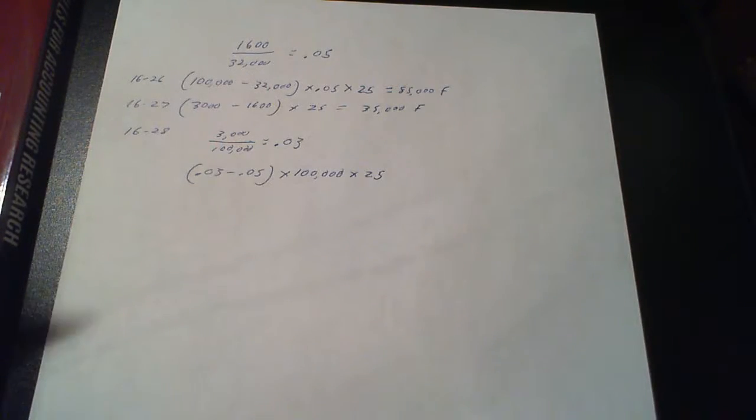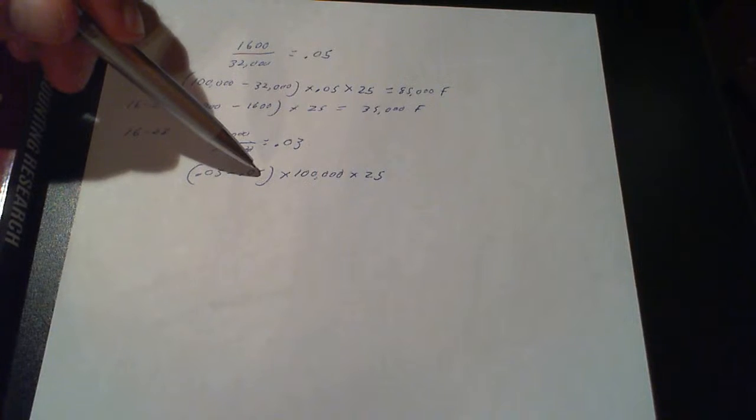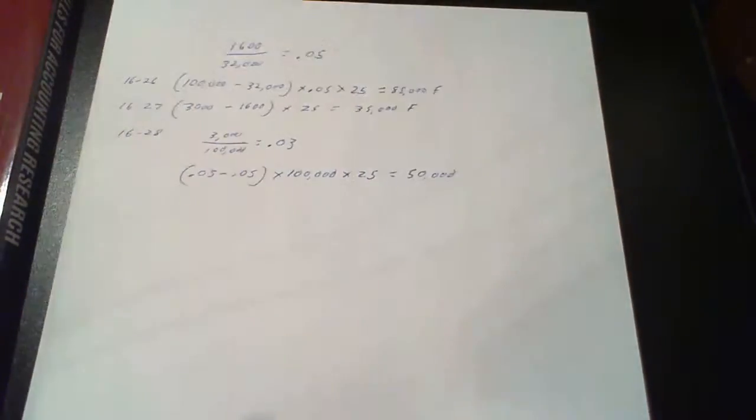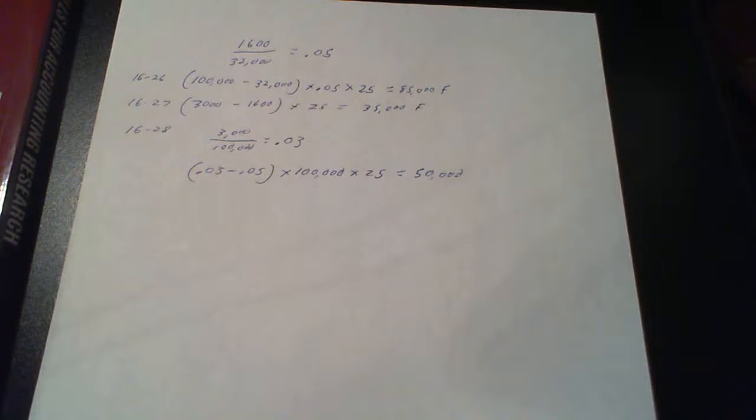And when you multiply that all out, 2% times 100,000 would be 2,000, times 25 would equal $50,000. So if we would have been able to maintain our market share, we would have made $50,000 more than we did.